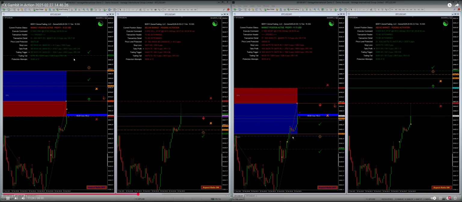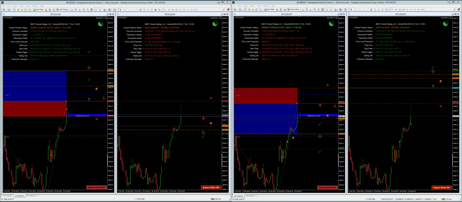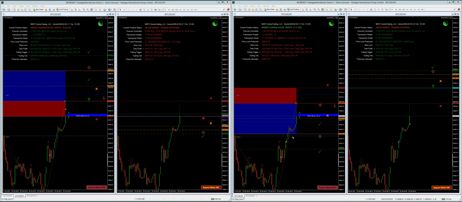So we had a successful take profit situation on the long side, after which the bot has reset itself and rerun itself from the new point of entry from where it ended the prior setup.